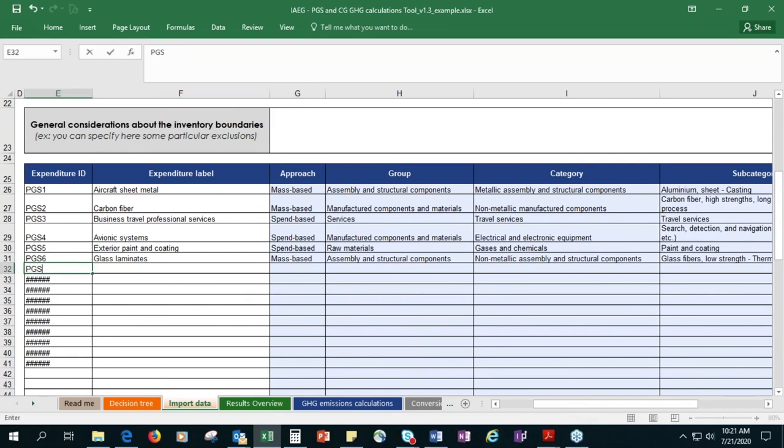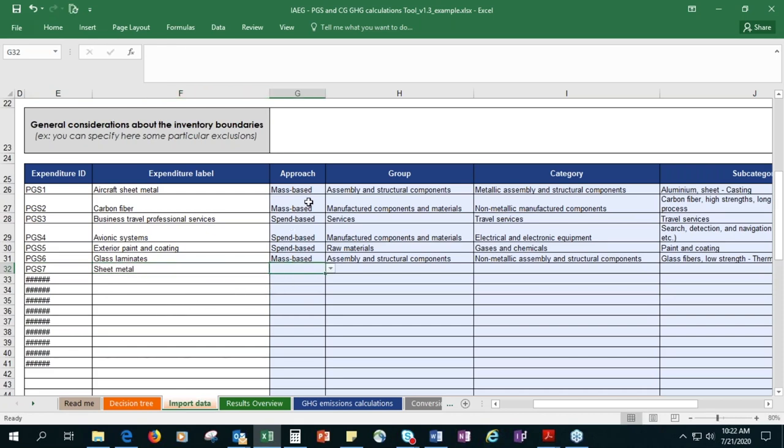So we'll label this category purchased goods and services item number 7. And maybe you're looking at your supply chain inventory that represents your annual spend, or perhaps you've got mass-based data and you've got a category called sheet metal.